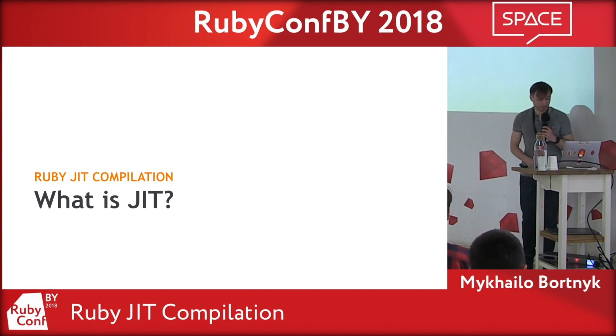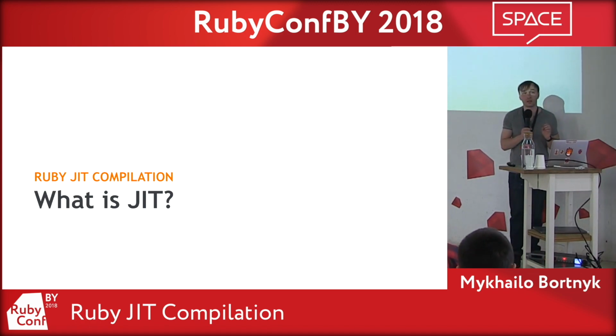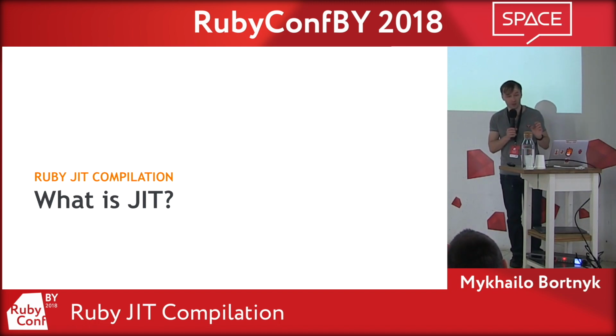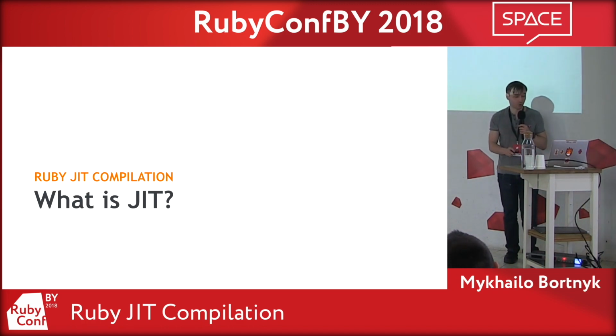It's used in Java, some JavaScript implementations. For example, the Firefox team even has a dedicated JIT subteam. In .NET, in PyPy, which is a version of Python implemented mostly in Python. And really, almost all interpreters.